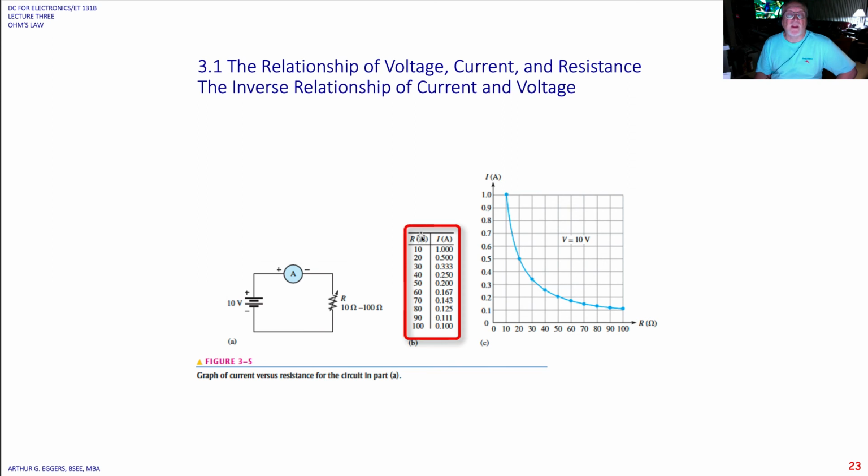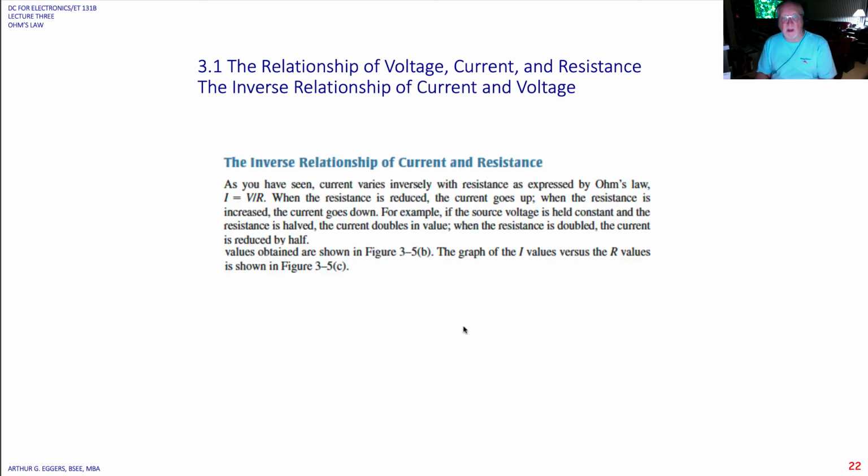In the first column, the resistor is changed from 10 to 100 ohms, and you notice that our current goes down, down, down, down from 1 amp to 0.1 amps. We do this by using the relationship I is equal to V over R.